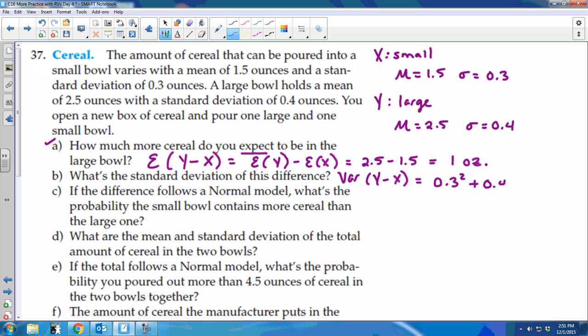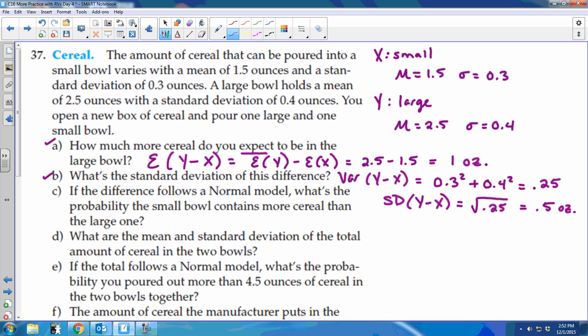Plus 0.4 squared, we get 0.25. So if I want to know the standard deviation of this difference, we take the square root. And so our standard deviation is 0.5 ounces. We could have done those probably yesterday with our rules.